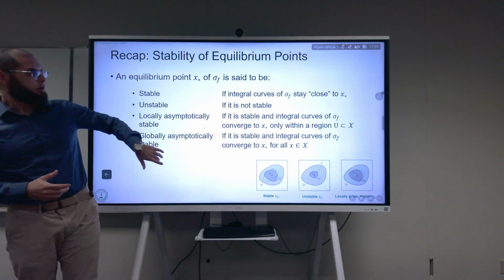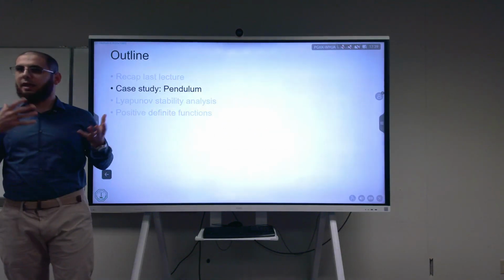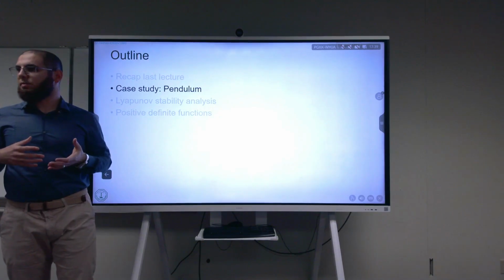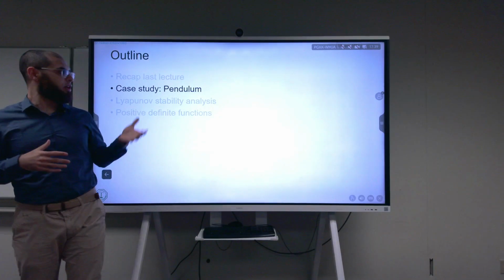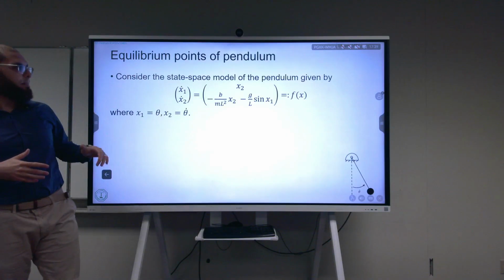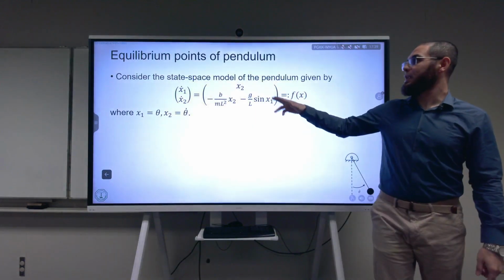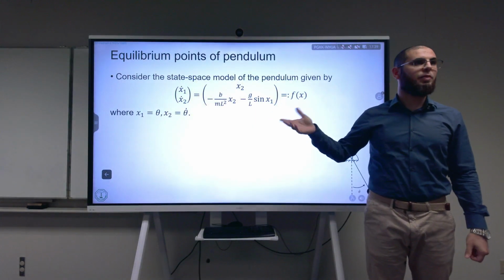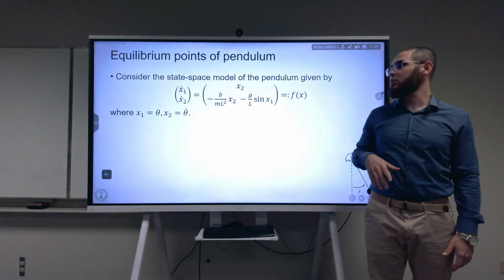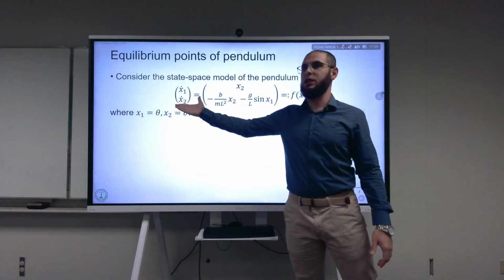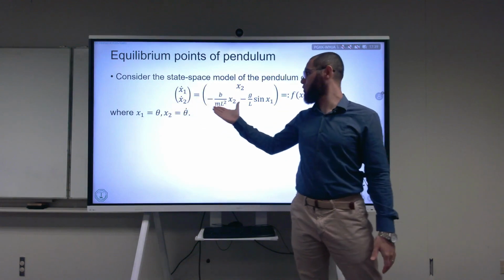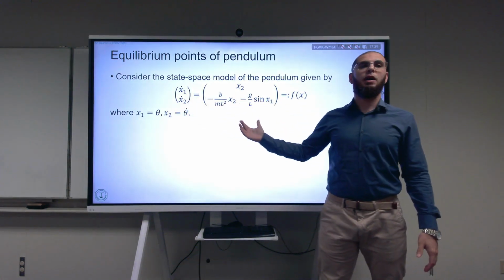Okay. And let's make all of these abstract concepts concrete by looking at the pendulum. These are the equations of motion we looked at last time. The first equation, x1 dot is equal to x2, is simply saying the rate of change of position is equal to velocity. And the second equation is the rate of change of velocity, which is the acceleration, equal to forces divided by mass.